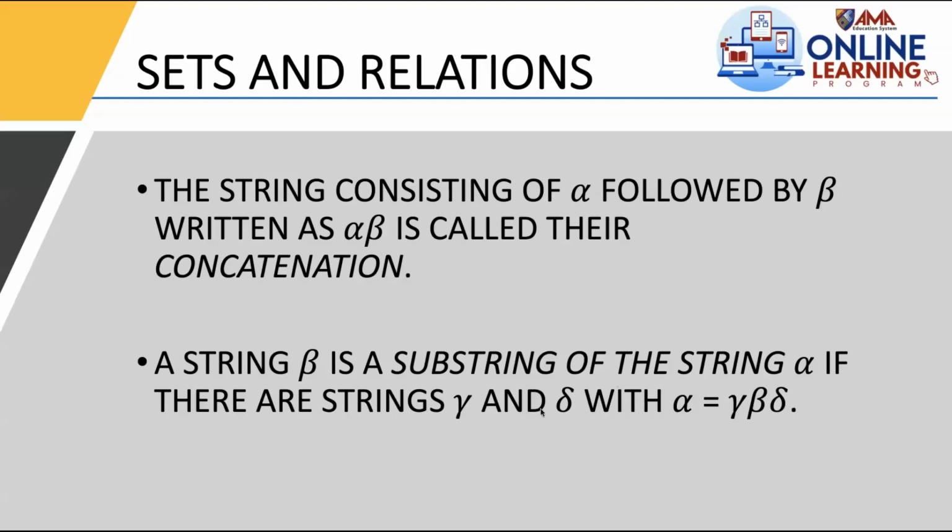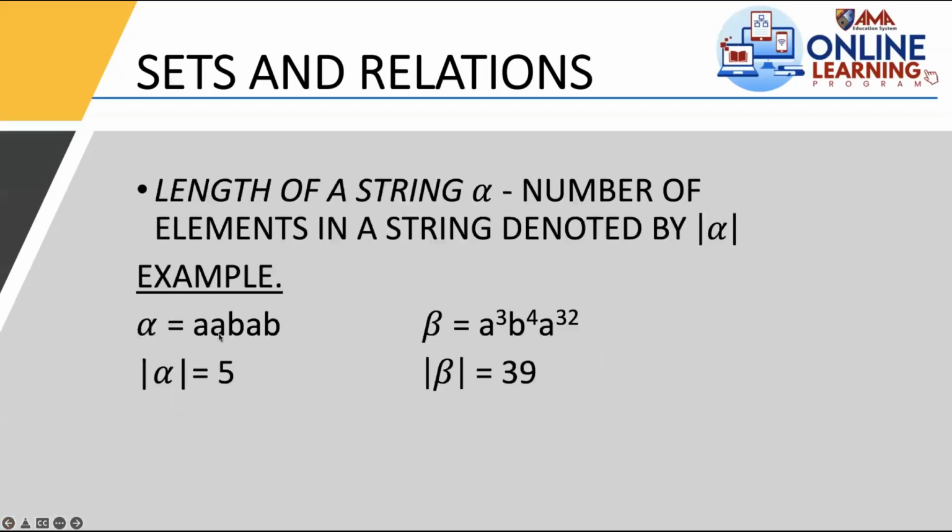But the essence is the same, right? The subset is the same. Okay? So for example, if you don't want to use the Greek letters, we can go to the small letters. So what's the substring of this? AB is a substring. ABA is a substring of this. Okay, it's simple as that. It's just that we put notations to make it shorter.